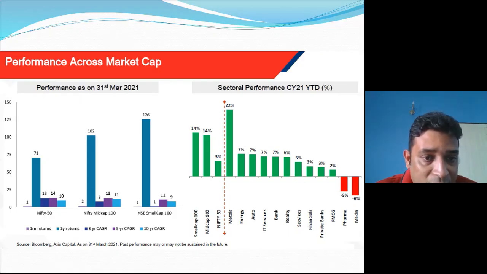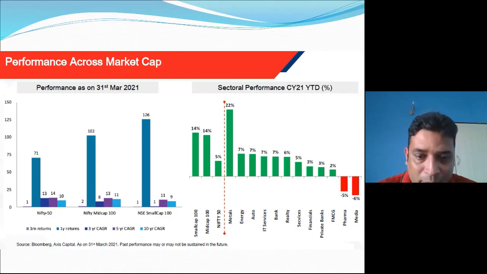It's an average annual return. Similarly with the mid cap and small cap. That's the kind of performance given by the Nifty over the last 10 years. If you see the last 10 years performance, be it large cap, mid cap, or small cap companies, the return is 10% CAGR irrespective of the years to come.